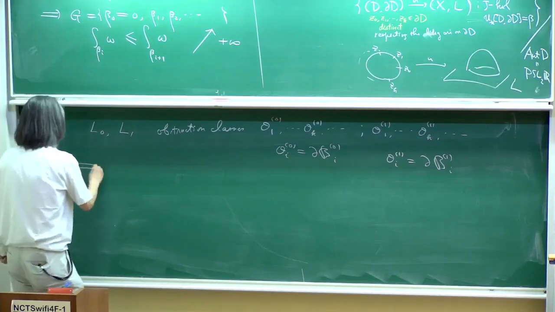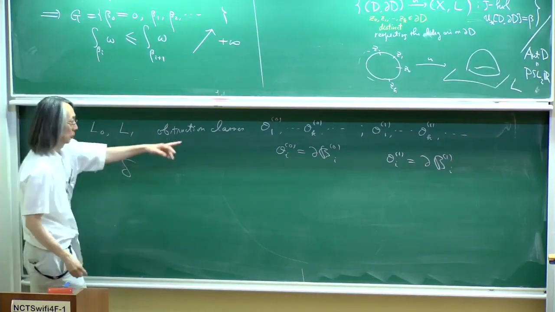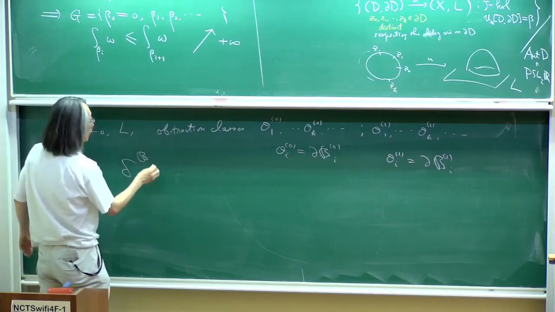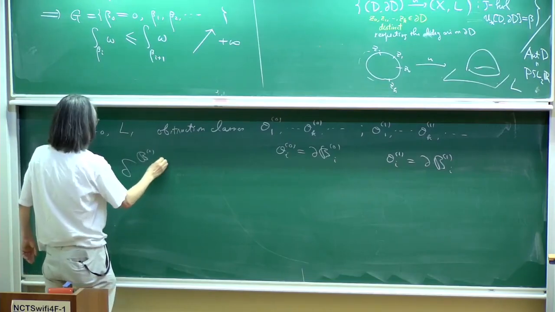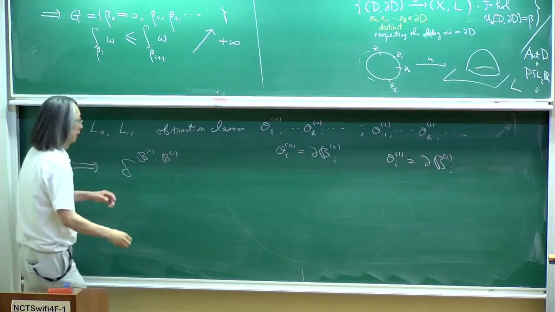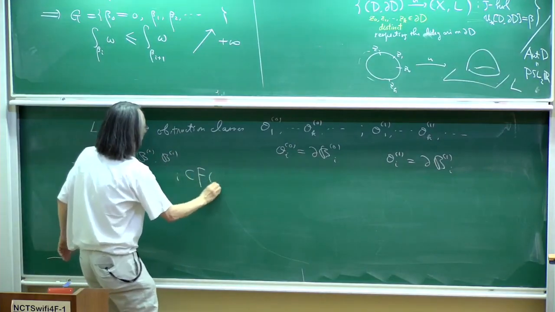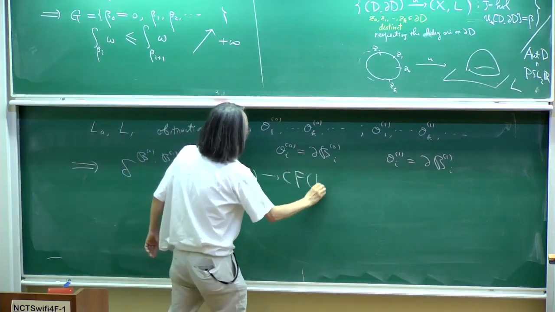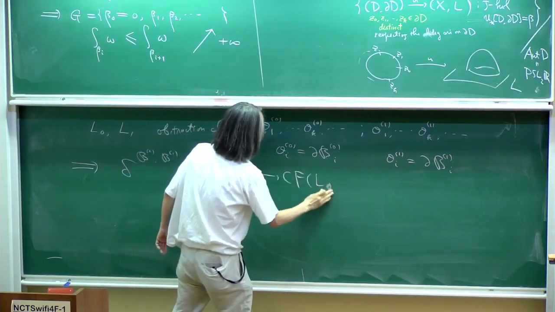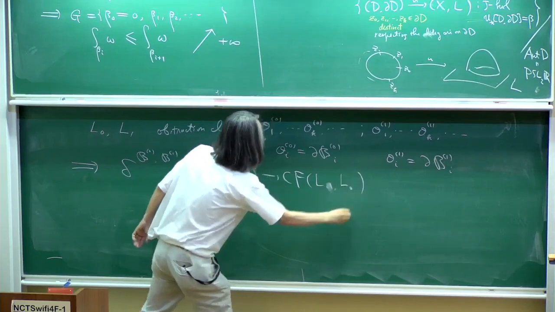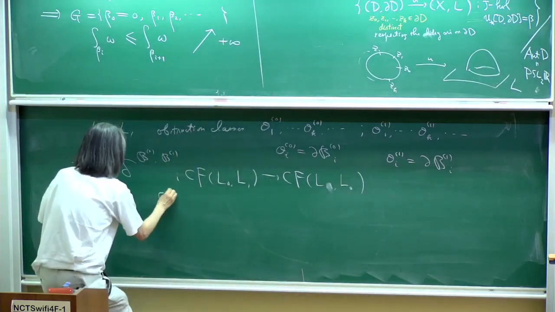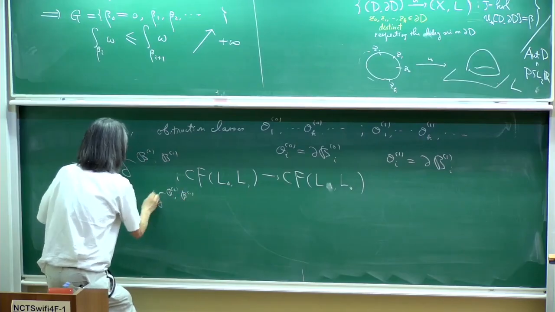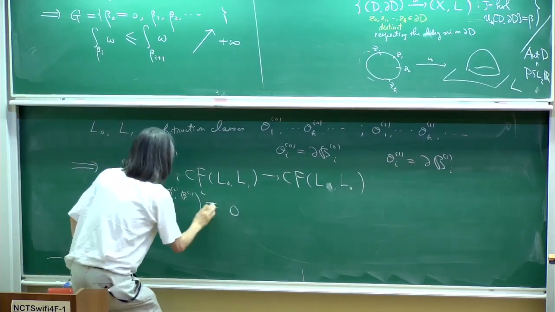And then we can use these things, B0 and B1, so that delta of B0, B1 squared is equal to 0.